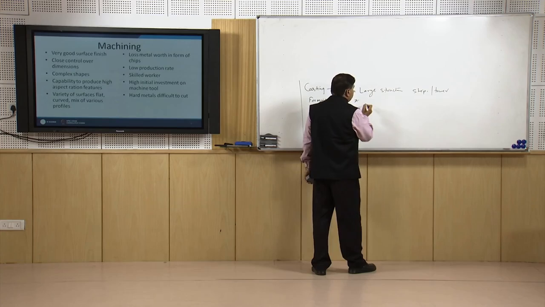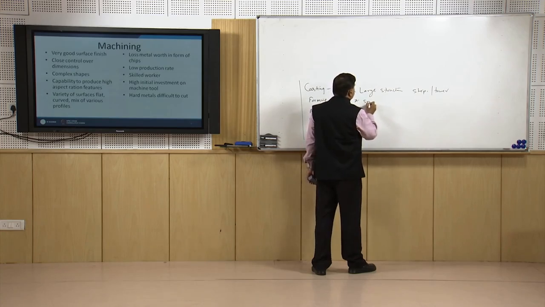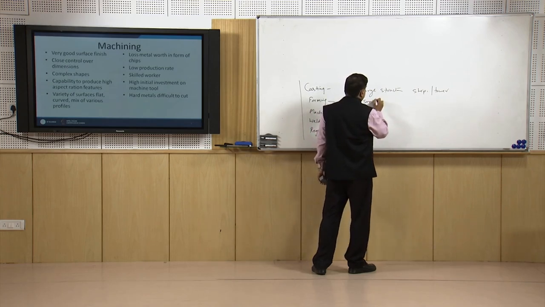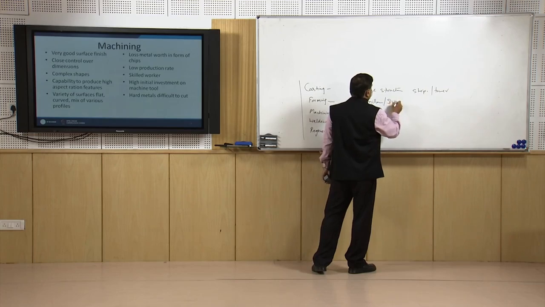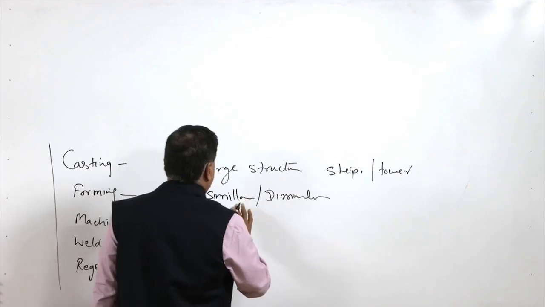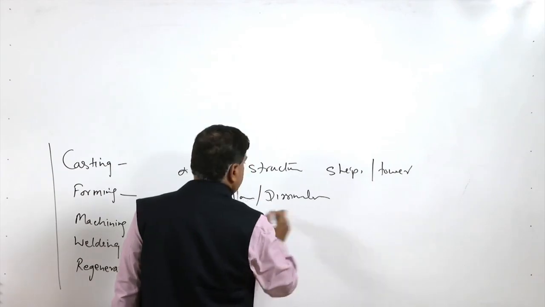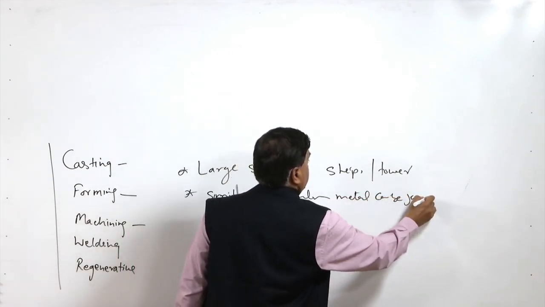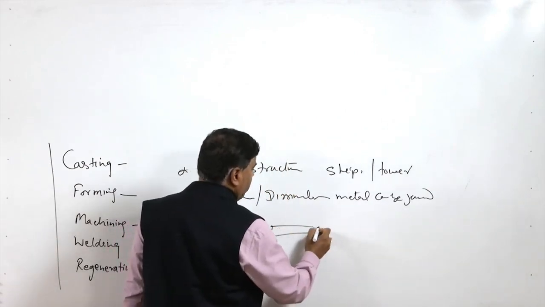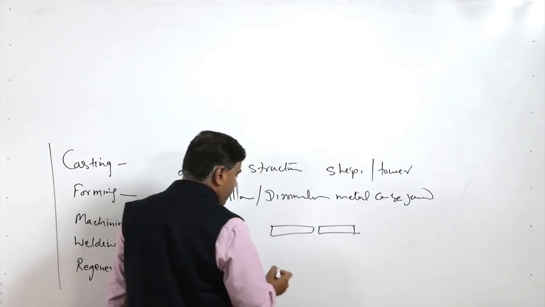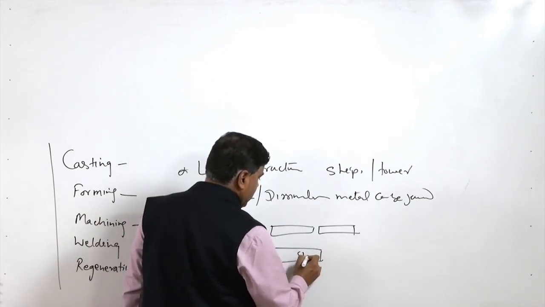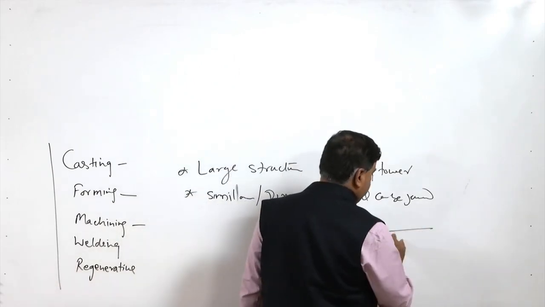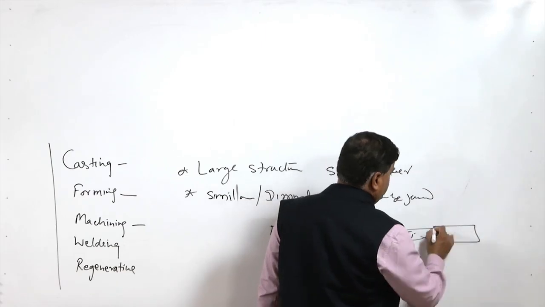Another thing, it can help to develop the joining of similar and dissimilar metals, because there are examples like joining paper with metal, or joining steel with aluminum, or joining titanium with aluminum.